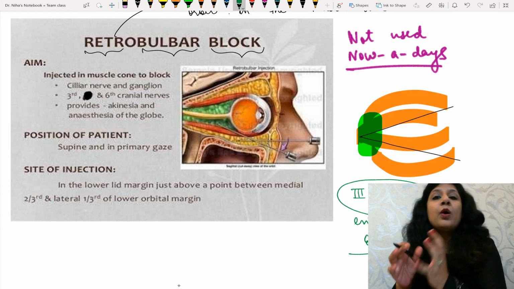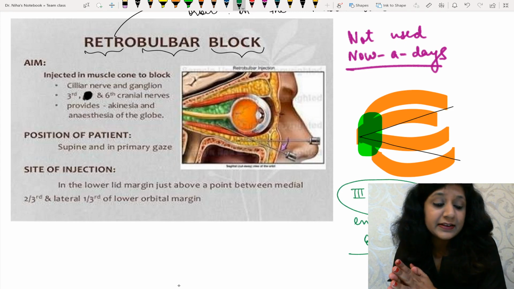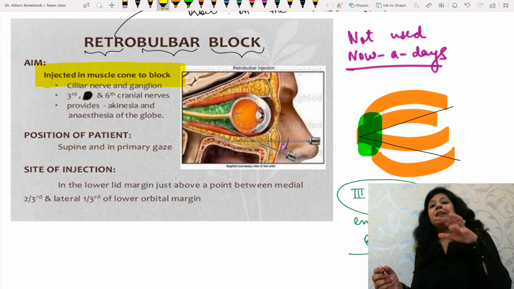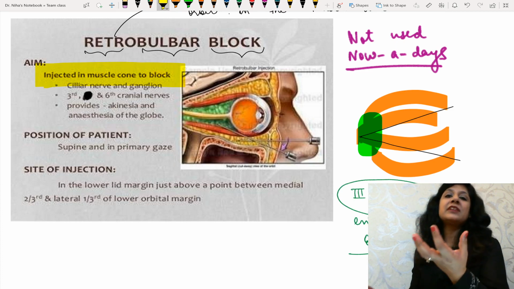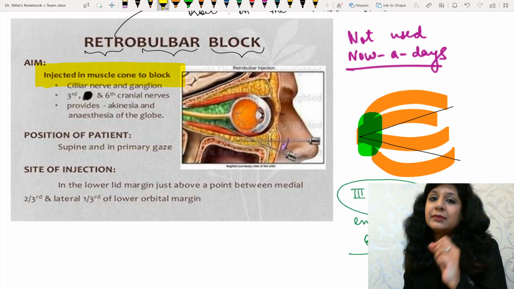So if I am blocking the third nerve, most of the muscles will be paralyzed. So basically we were injecting this into the muscle cone, and the important thing is this only, because many of the side effects will be based on this thing that we are going inside the muscle cone.